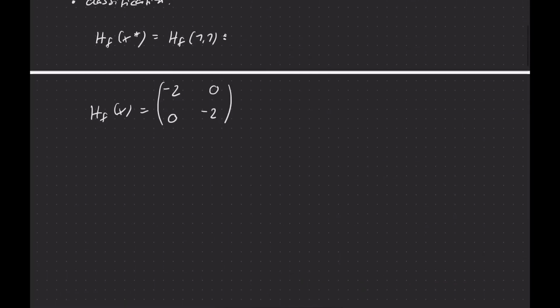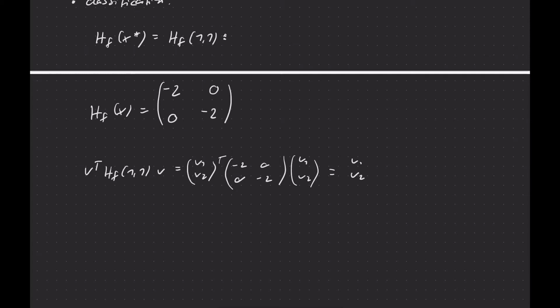So we need to find out whether this is a positive or a negative definite matrix. So let's have a look at the expression v transposed Hf(1, 1) times the same vector v. Now that is (v1, v2) transposed times the matrix (-2, 0; 0, -2) times (v1, v2). And if we compute that, we get (v1, v2) transposed times (-2v1, -2v2).